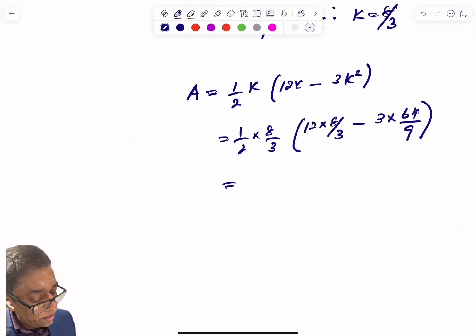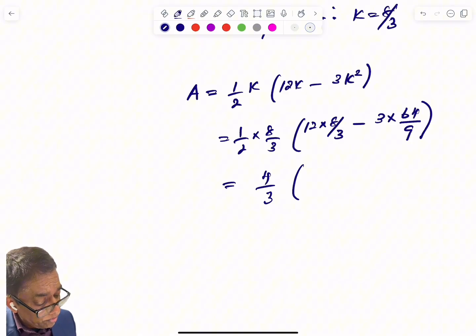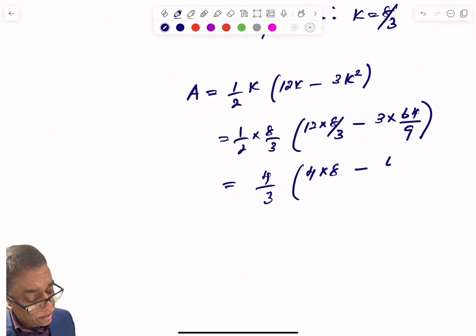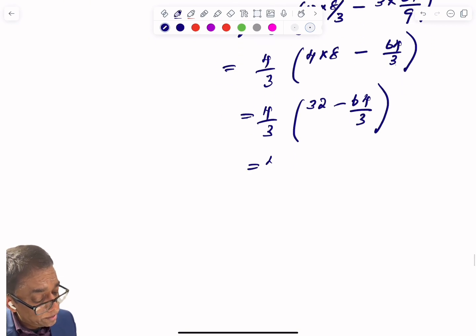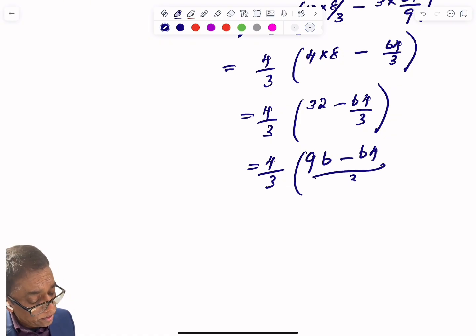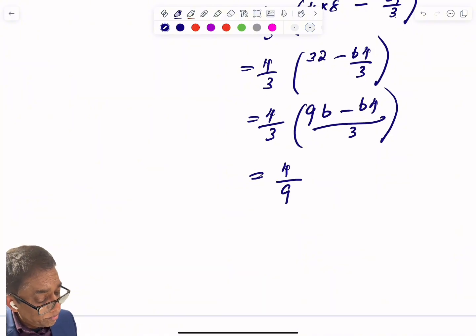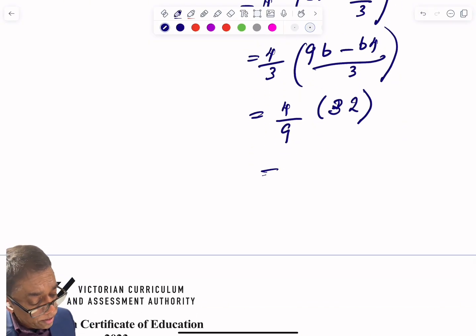That is 4 over 3 times 4 times 8 minus 64 over 3, which is 4 over 3 times 32 minus 64 over 3, which is 4 over 3 times 96 minus 64 over 3, which is 4 over 9 times 32, which is 128 over 9 square kilometers. This is the final answer.